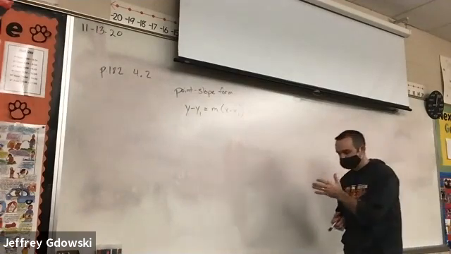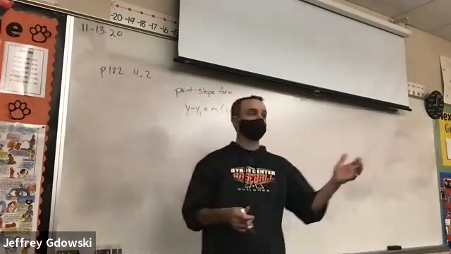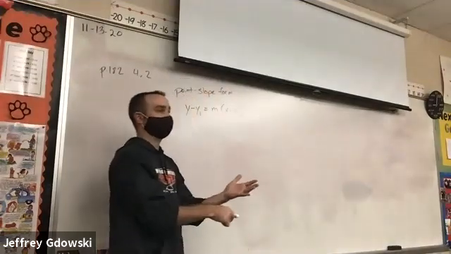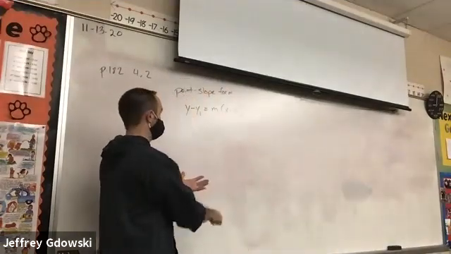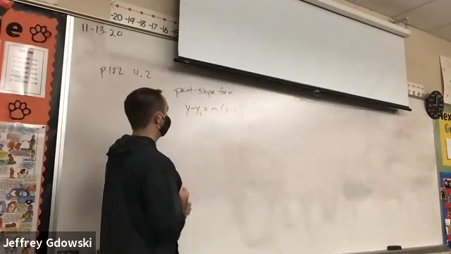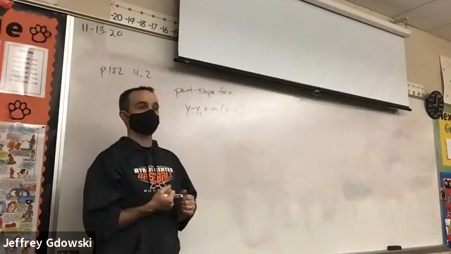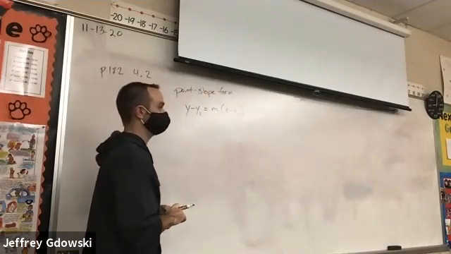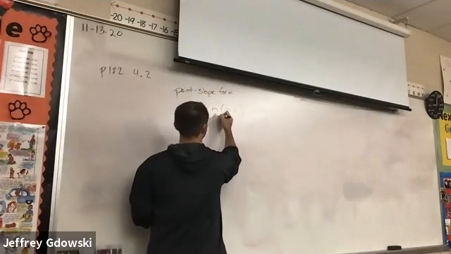All right, so this is point-slope form. Just like slope-intercept form, we had a slope and we had an intercept that we could get from it. We've got a point and we've got slope that we can get from it. We already know what slope is in this equation. What letter is slope? M. So M is slope.